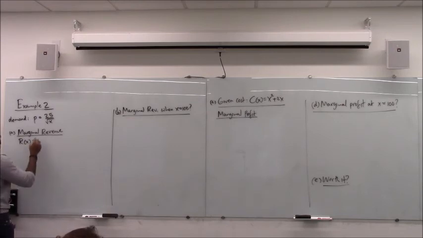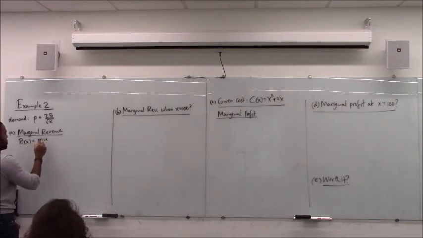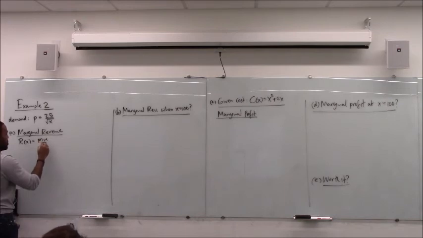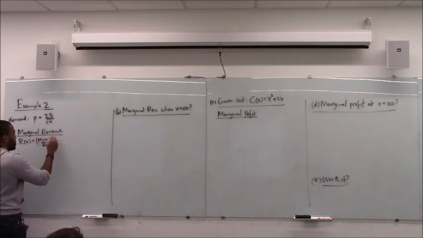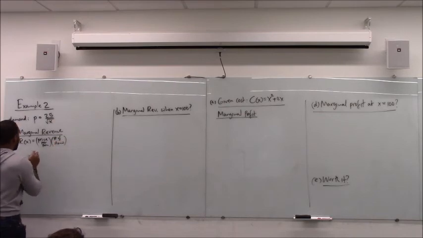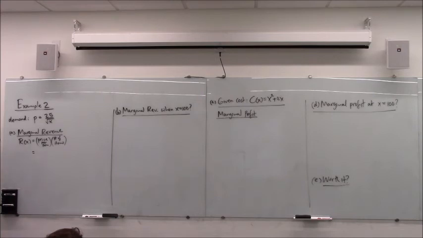Price per item times number of items sold. How do we find the price? What is the price of our items here? That function. The demand function tells you the price. If you want to sell x items, this is going to be the price.